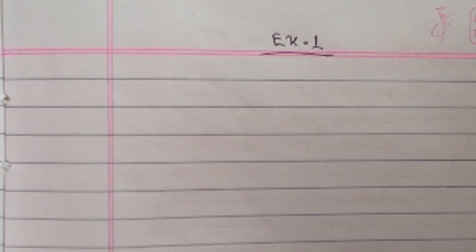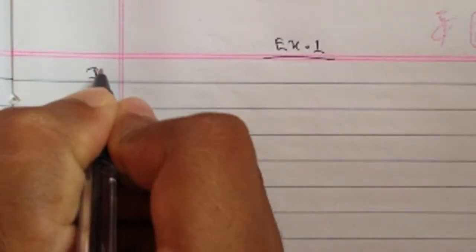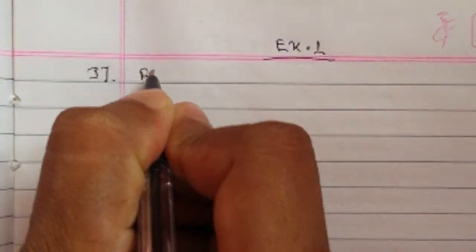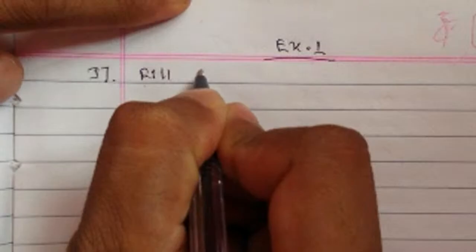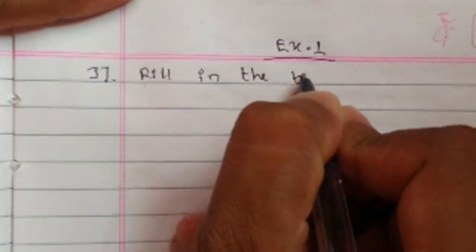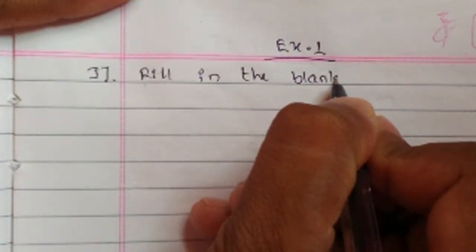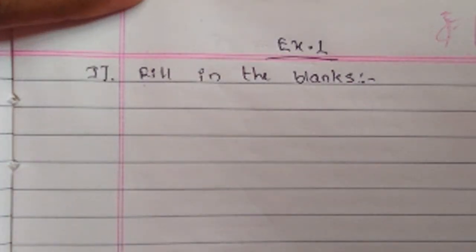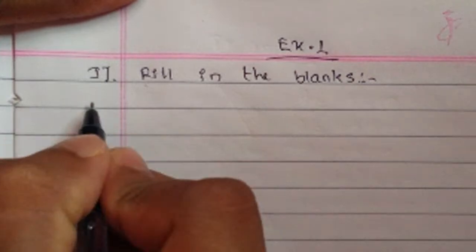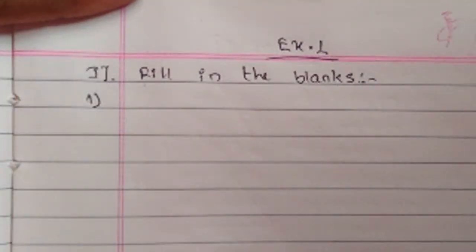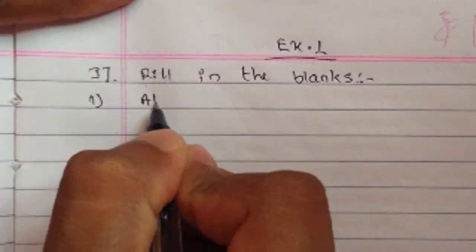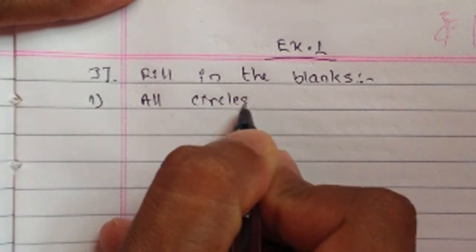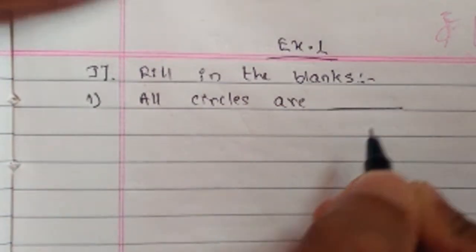So first, fill in the blanks. In the first one, all circles are dash.